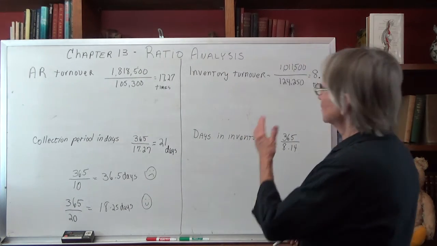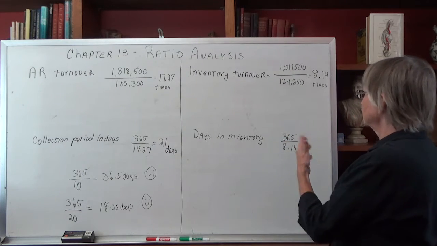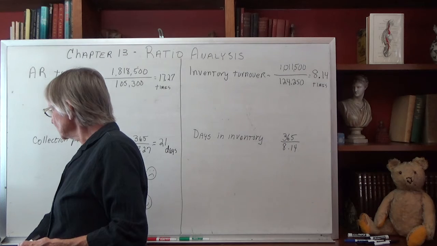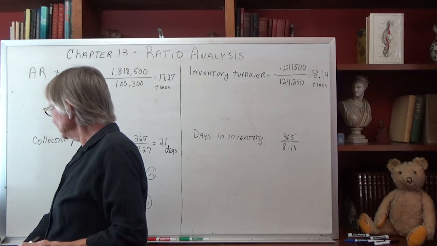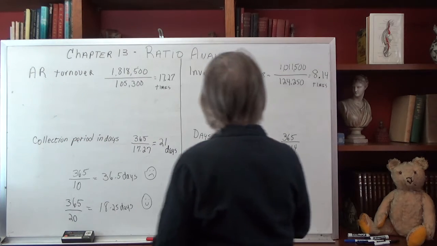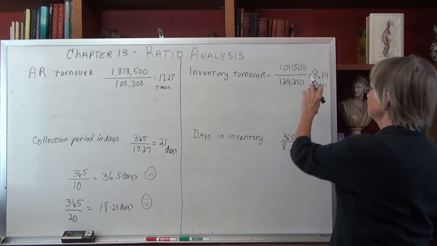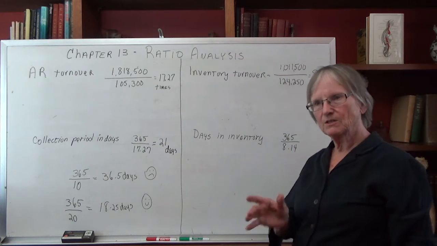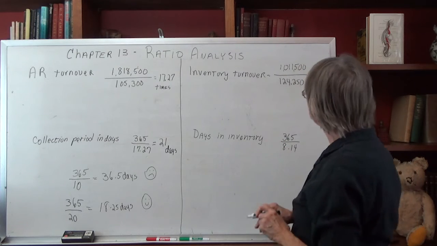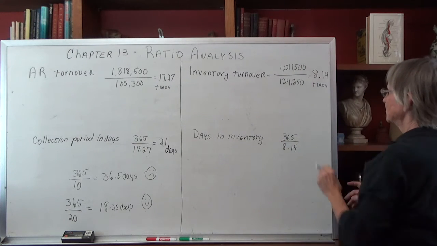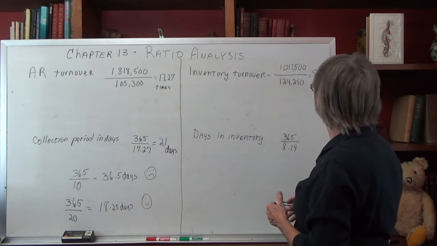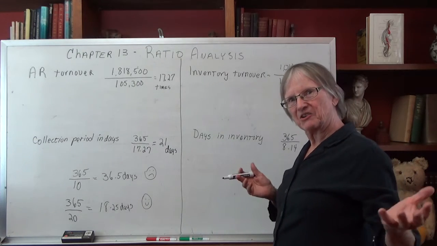Okay, inventory turnover. This is another times type measure, and we're just taking cost of goods sold and dividing by the average inventory. Here's our cost of goods sold, which will usually be given. Here's our average inventory, beginning plus ending, add them up, divide by 2, and we get 8.14 times. And again, we say, are we happy or sad? Would it be better to have this be higher or lower?